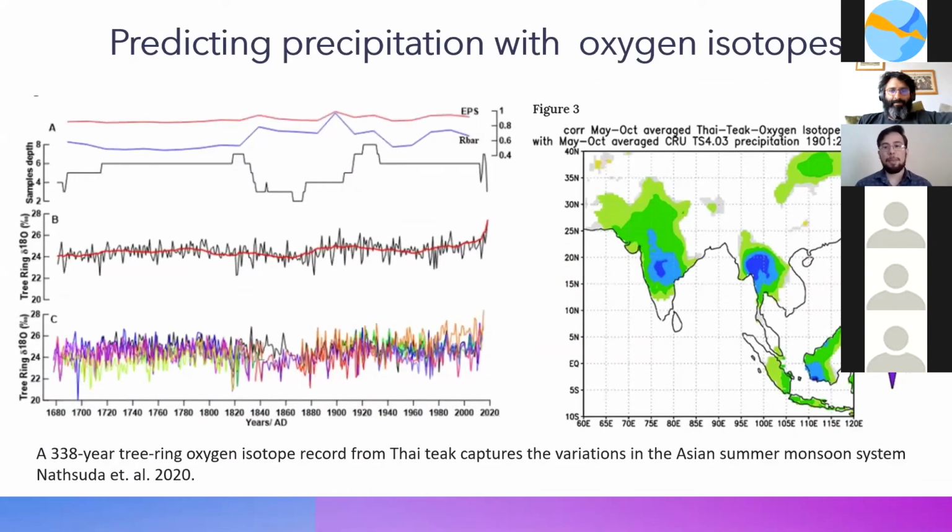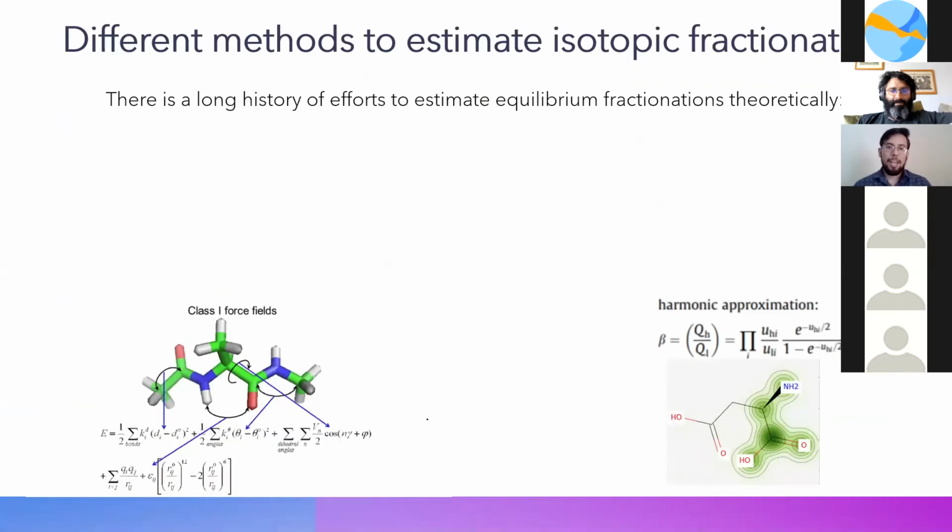We can use isotopic fractionation to predict the precipitation of a certain region throughout history. There's a really interesting paper published this year in April that talks about how they used isotopic fractionation to depict precipitation in Southeast Asia. So we've seen how important isotopic fractionation of different atoms is.